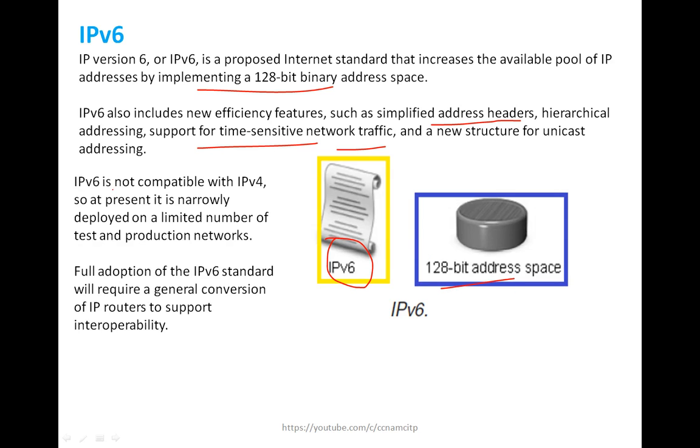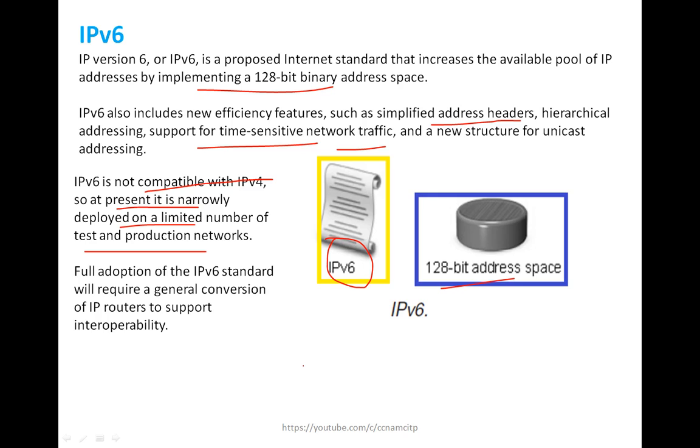A little bit more: IP version 6 is not compatible with IP version 4. So at present it is narrowly deployed in a limited number of test and production environments. As I told you, there are certain limitations in IP version 4, and versions 4 and 6 are not compatible with each other, so it is not generally deployed in production environments.